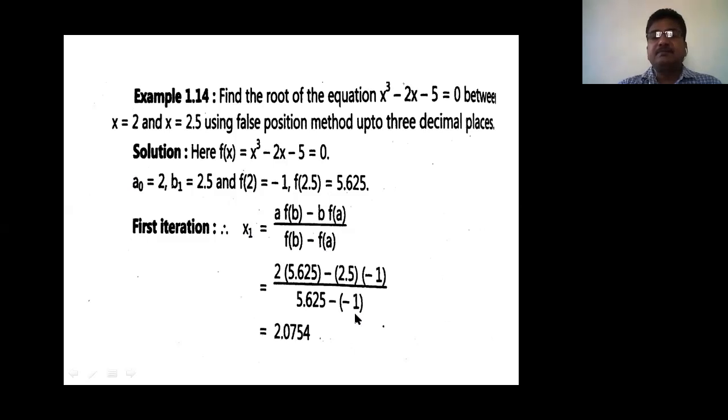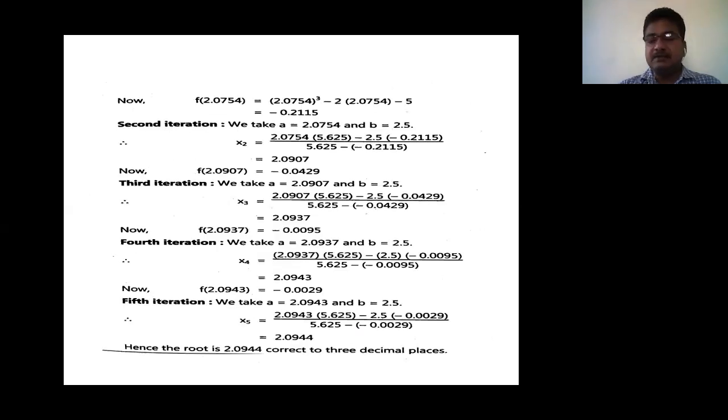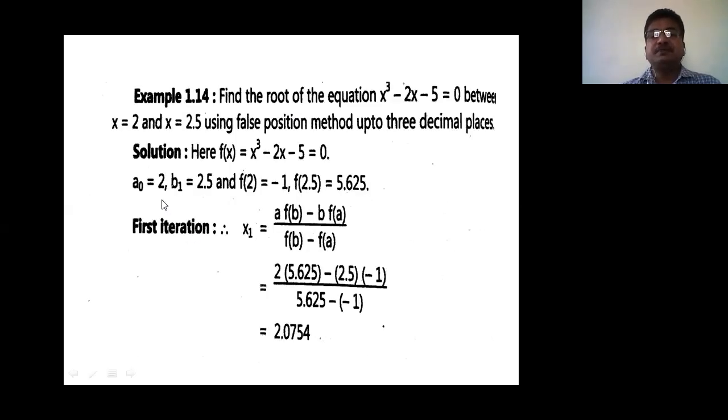Then find the value at this 2.0754, and the value is negative. So at 2 the value is negative, and at 2.5 the value is positive.